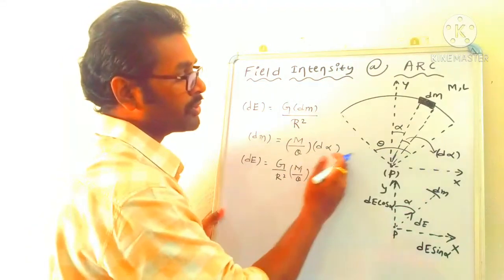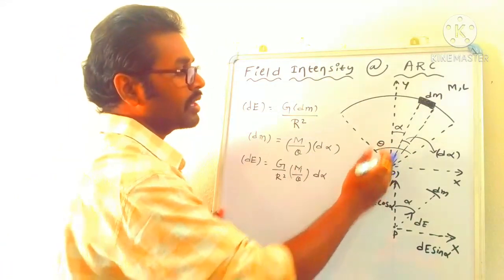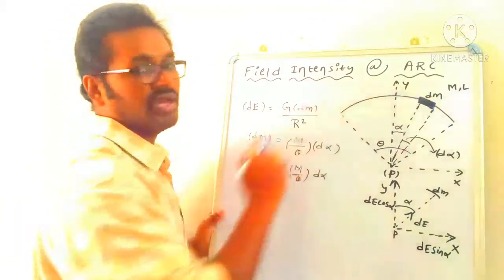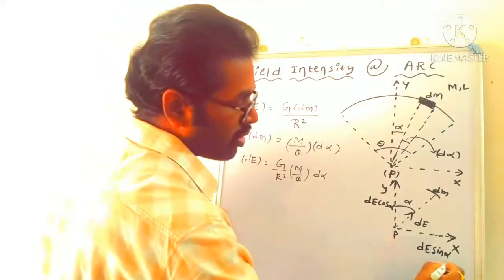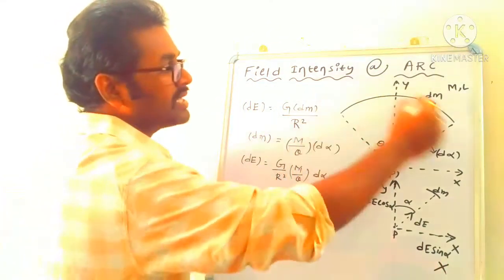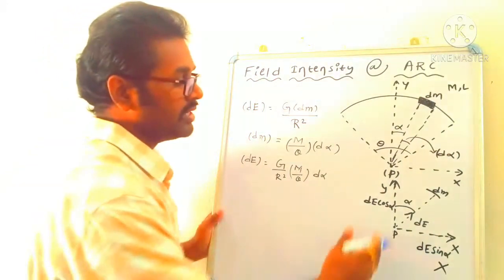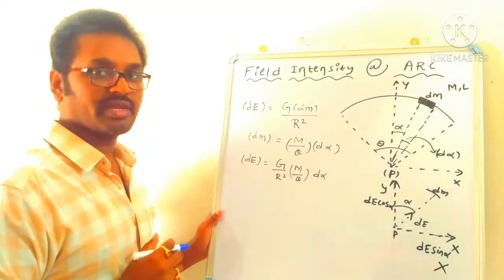And these two components will get cancelled out, and you will get only the components along the y-axis from both sides of the arc. So this is the reason we are not taking this component. It will be cancelled out by considering the entire arc. So we are targeting only the y component of the gravitational field intensities.